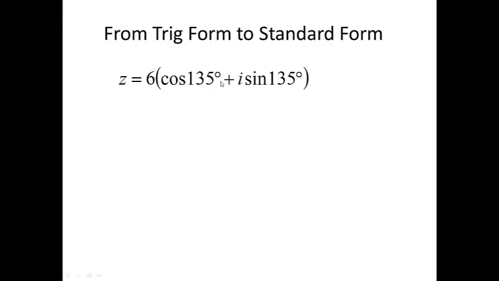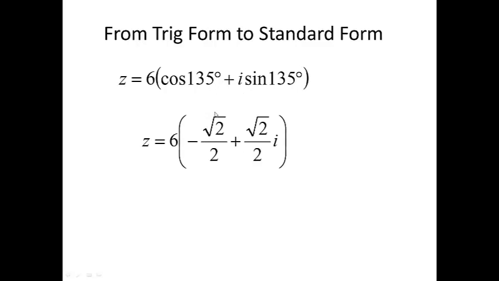All right, what about this one here? Cosine of 135 degrees is negative rad 2 over 2, and sine is positive rad 2 over 2. Distributing the 6 cancels with the 2's, you get negative 3 rad 2 plus 3 rad 2i.